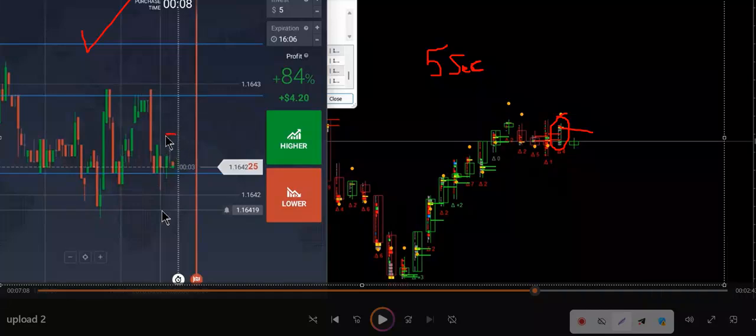Okay, then this indecision candle went up here, then made indecision. This confirmed me, this is also a confirmation that now the market will go down.